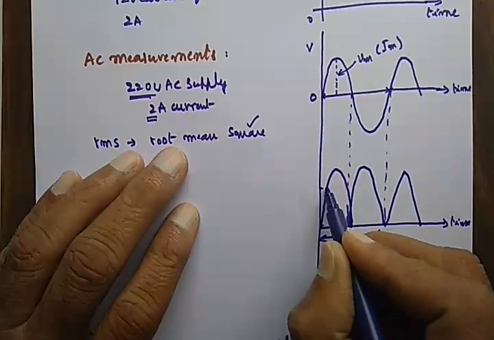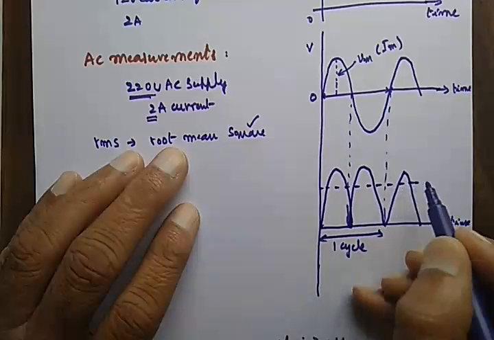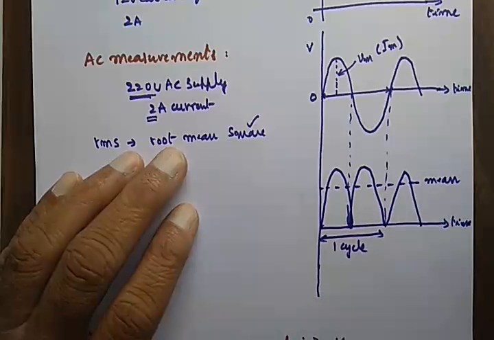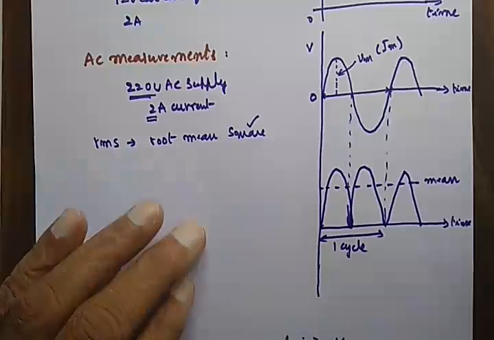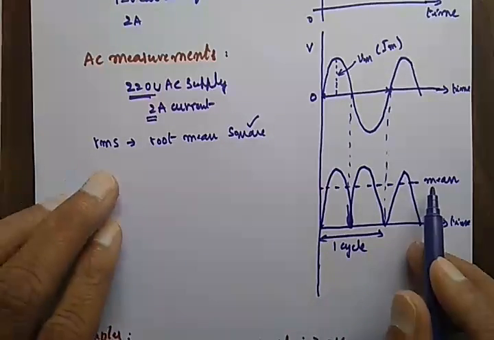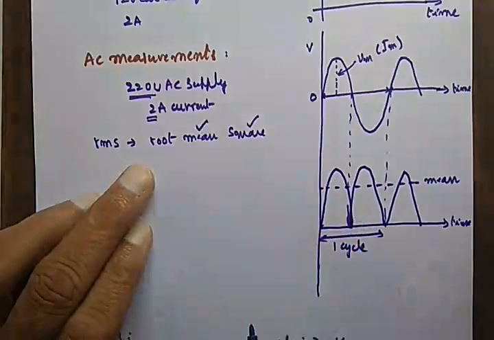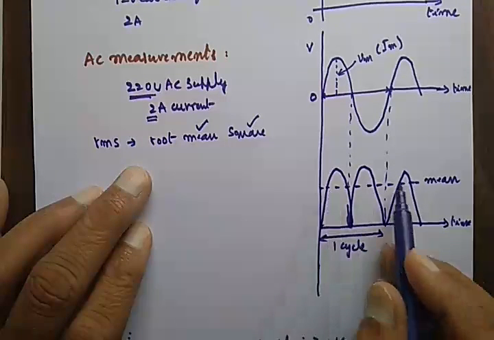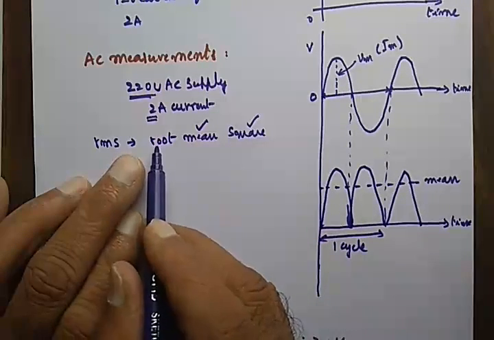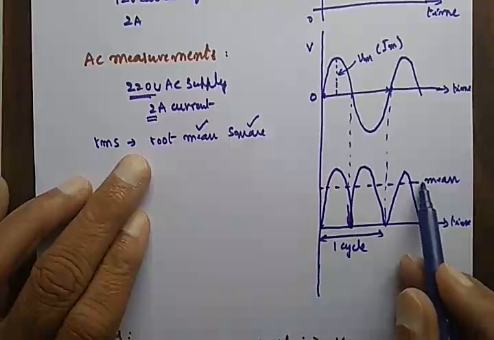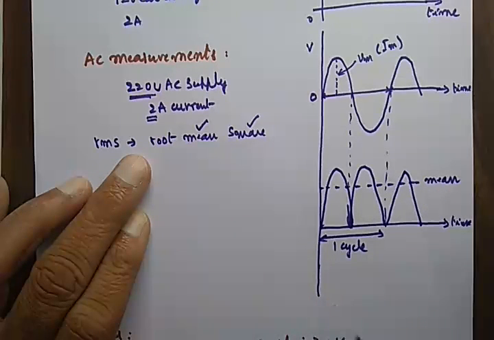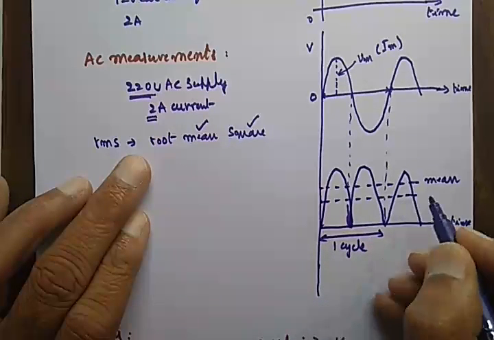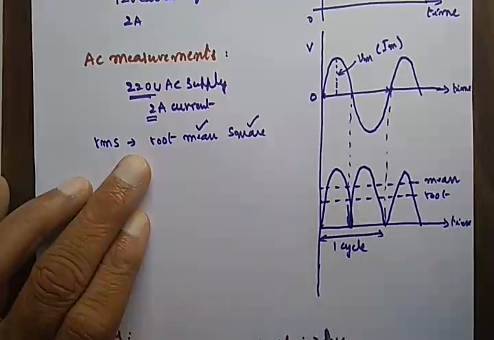The mean value will definitely be lesser than the peak value. But we are not telling the mean value, we are taking the square root of that. It will be smaller than this.